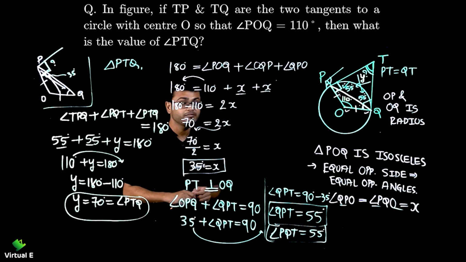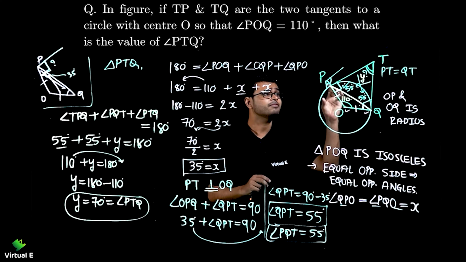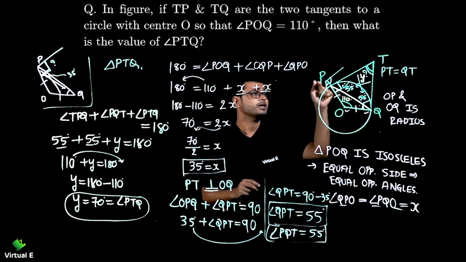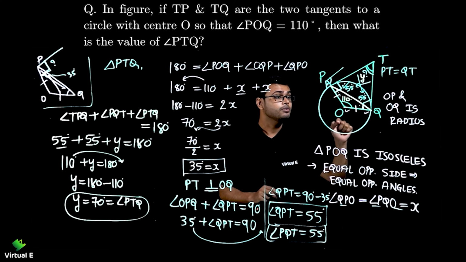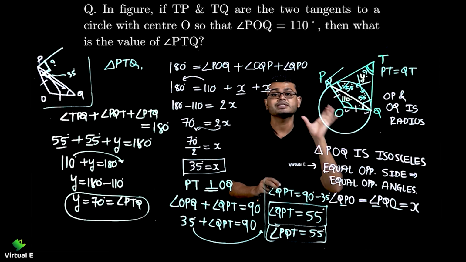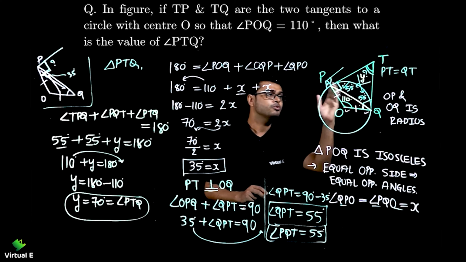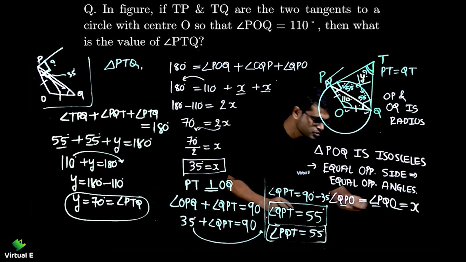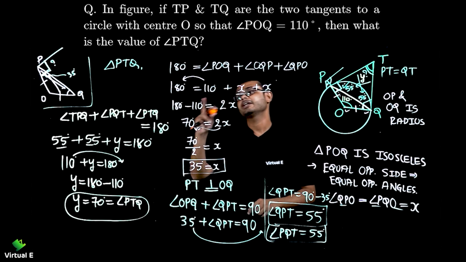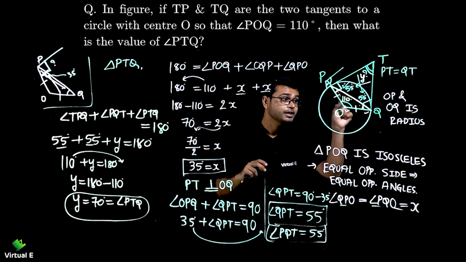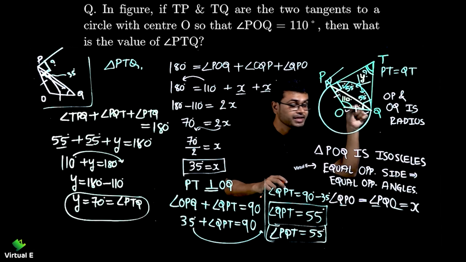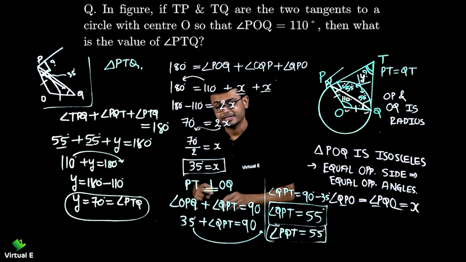So let's repeat the steps one more time. First of all, I have taken two triangles, right? This is triangle POQ, that is isosceles. Why? Because PO and OQ are equal. It is the radius of the circle. So opposite angles are also equal. So I have assumed them as x. Then take the angle sum property: 180 is equal to 110 plus x plus x. So you will get the value of x.